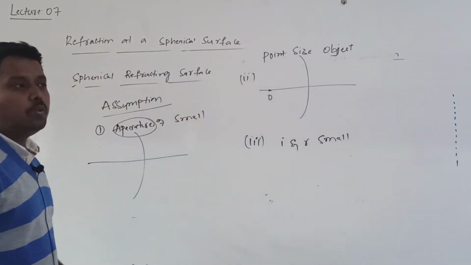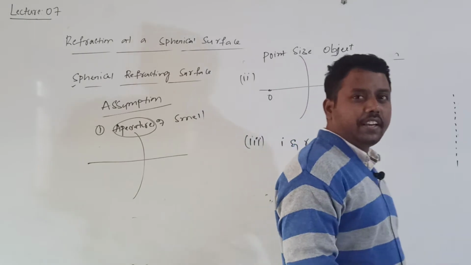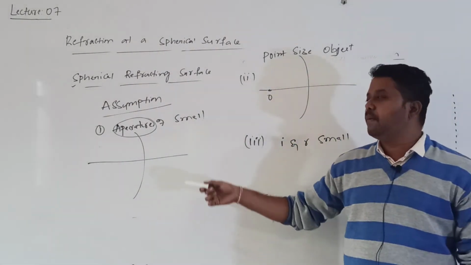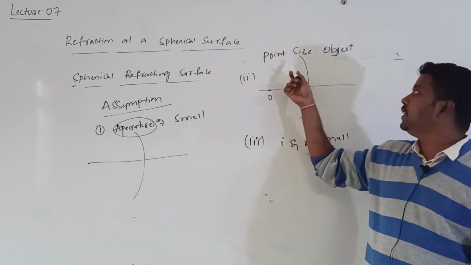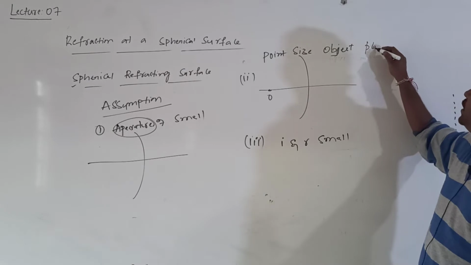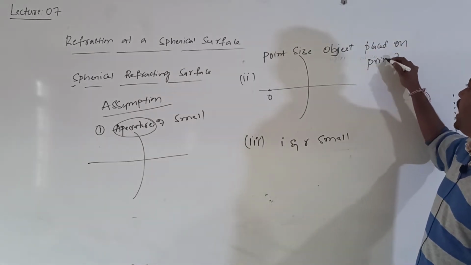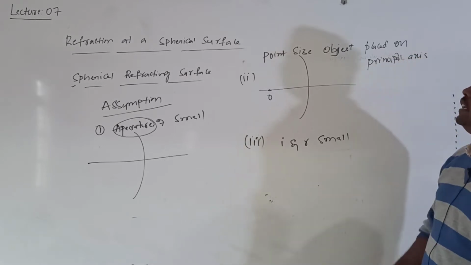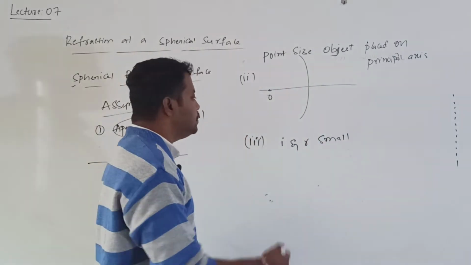So for the derivation we will do for refraction at a spherical surface, we will consider these assumptions. The first assumption is that the aperture is small. The second assumption is that the object is of point size placed on the principal axis. And the third assumption is that the angle of incidence and angle of refraction are small.